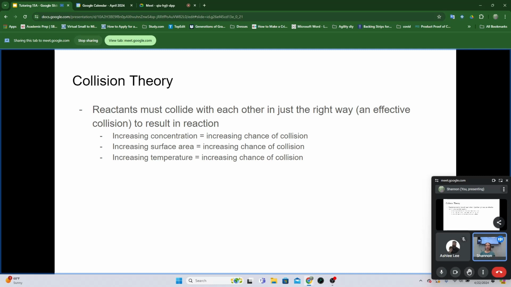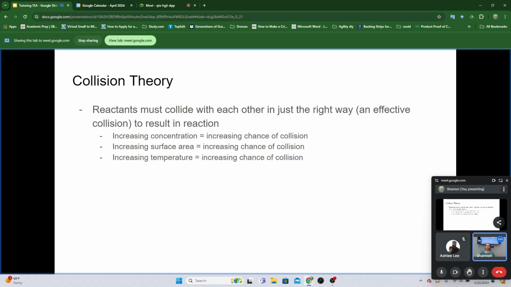And finally, if we increase the temperature, what happens? Why would that increase our chances of collision? Because it becomes like a gaseous state. Because it goes into a gas state eventually. Well, even if we stay in the same state, say we're staying in liquid state, but we're increasing the temperature, what's going to happen? That would increase the chances of an effective collision.